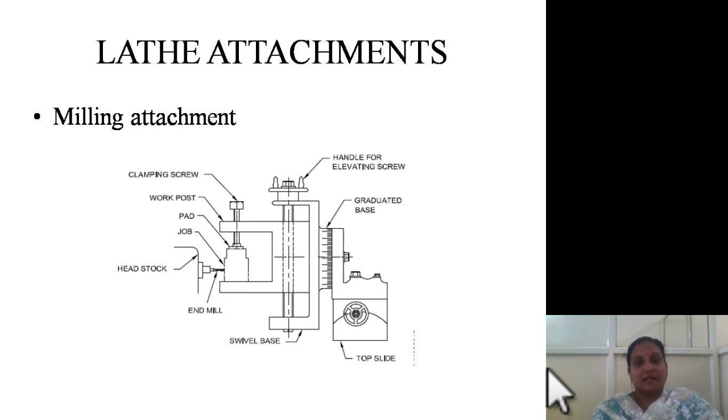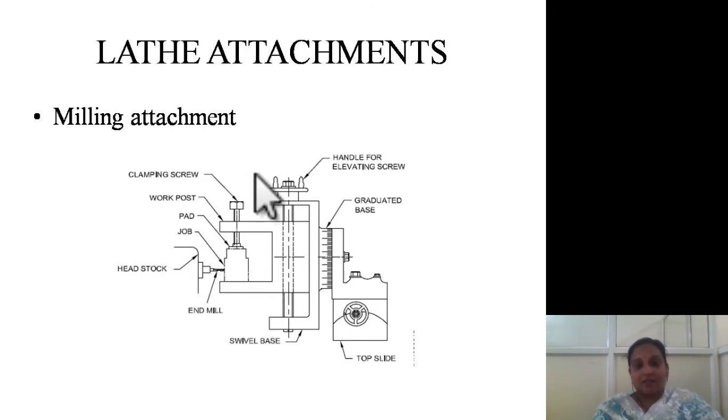Next one is the milling attachment. This is a headstock, this is a clamping screw, this is a work post, this is the job. Here they are keeping the workpiece and clamping it from the top, and in the headstock you have the tool, which performs the milling operation over the lathe.